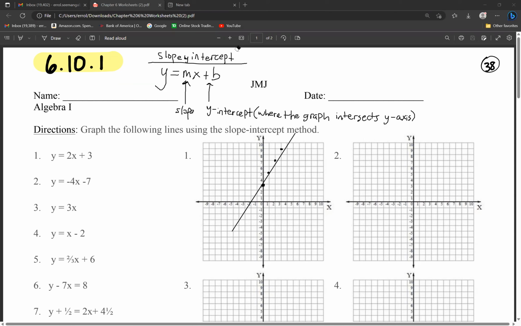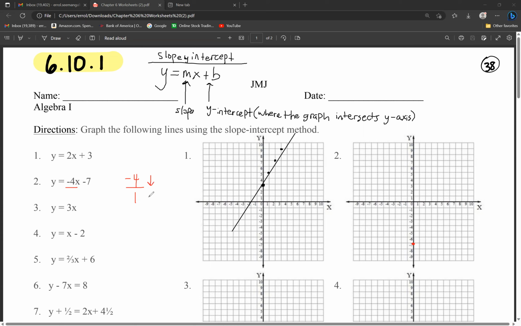Okay, number two. Where do we start number two? Y-intercept. Okay, where's the first dot? 0, -7, right? 0, -7 is down there. Okay, where's the second dot? -4 is the slope. So -4/1, right? Do we go up or down 4? It's negative, so we go down.